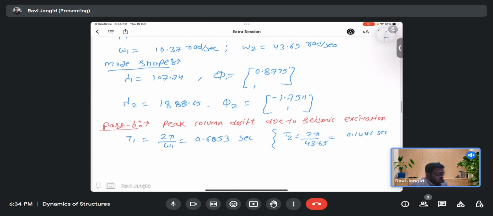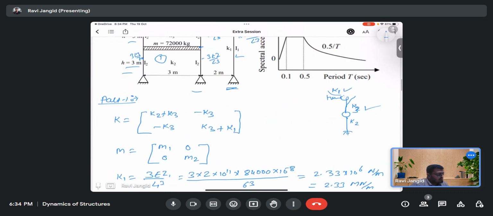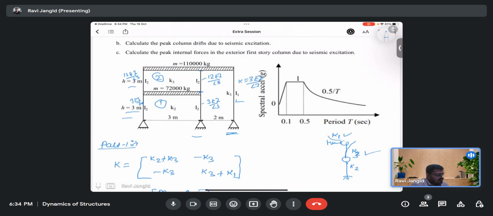Corresponding to this T1 and T2, if we look at the spectrum, our T1 is lying in this region and our T2 is lying in this. So our S1 becomes 0.5 by T1 and our S2 becomes 1.